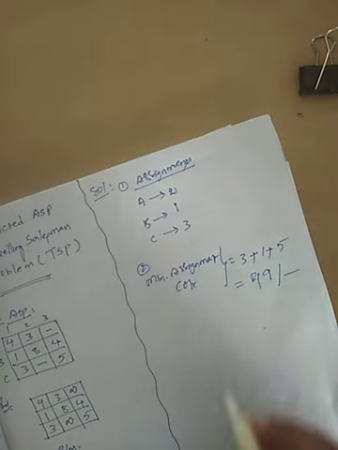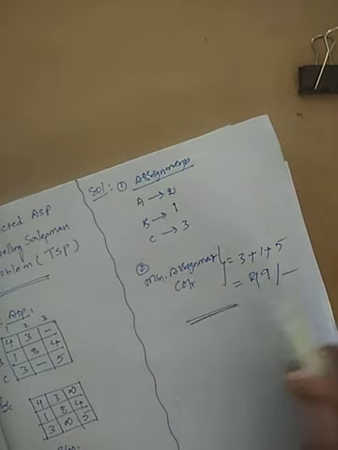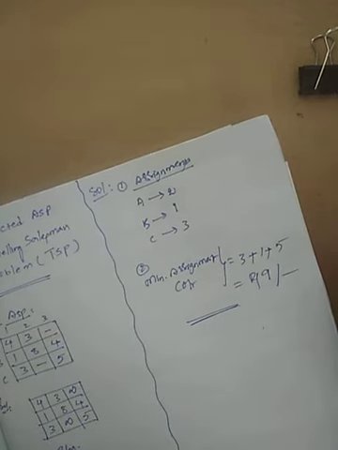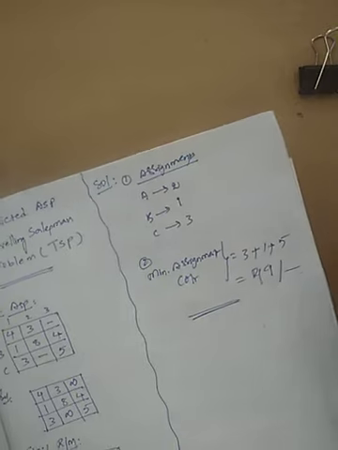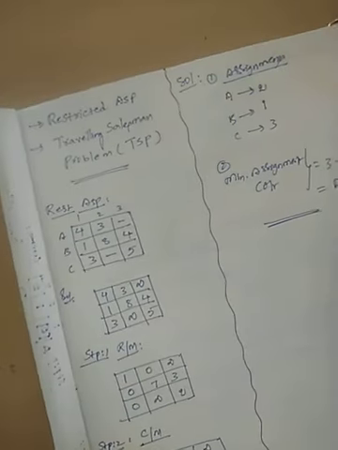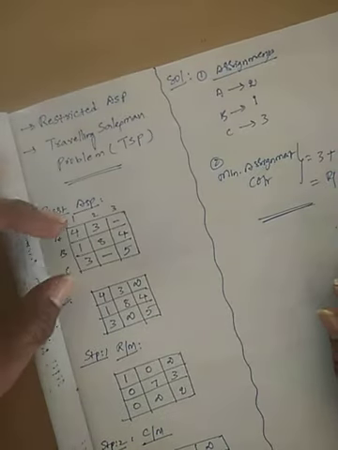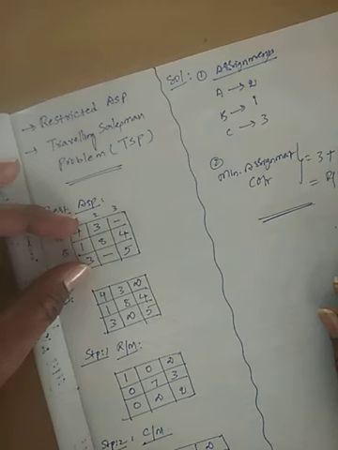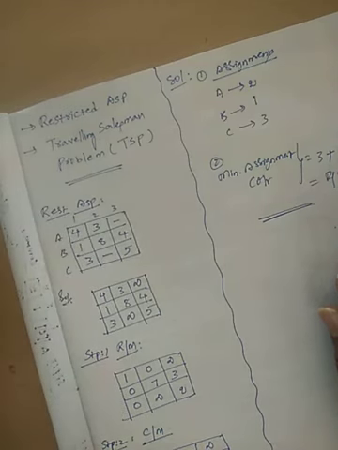So what do you call these models? These models are known as restricted assignment problems. How to find the given problem is a restricted type or not? In the given table, data would be missing at randomly different spots.